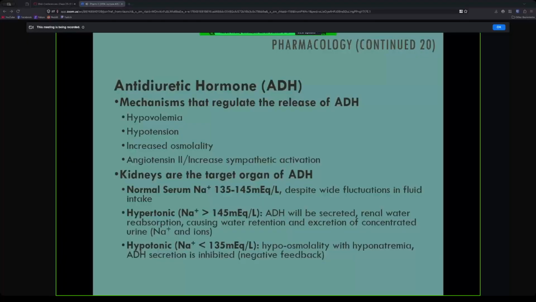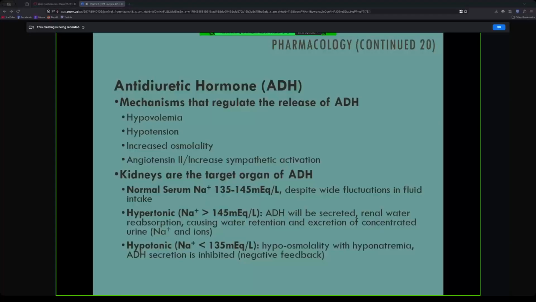So really, if you understand this slide, you're going to understand the whole physiologic foundation for both of the disease processes we're going to talk about with reference to antidiuretic hormone. Diabetes insipidus: too little of an ADH effect, and we can't concentrate urine. We get hypernatremia.